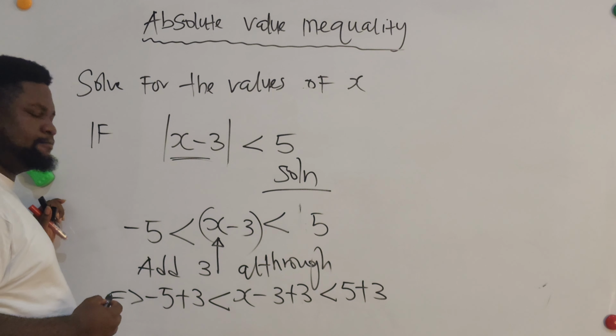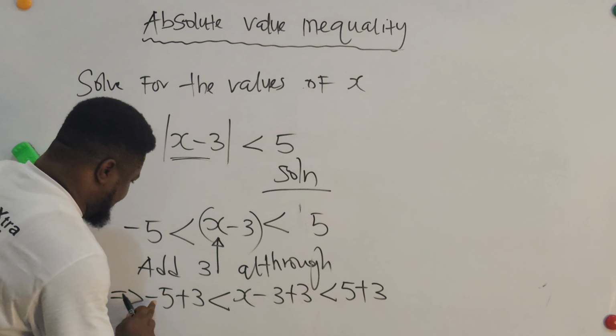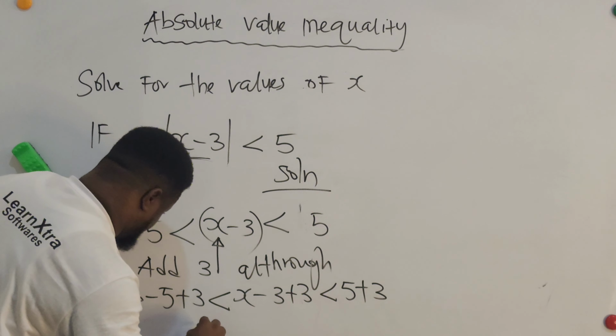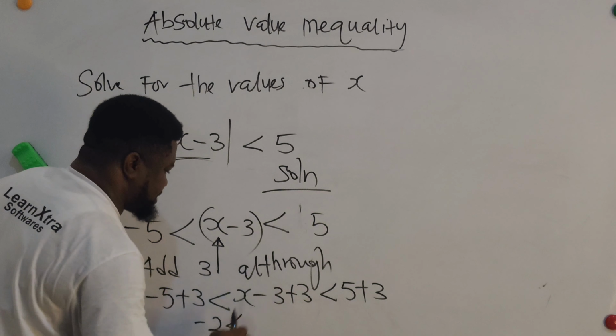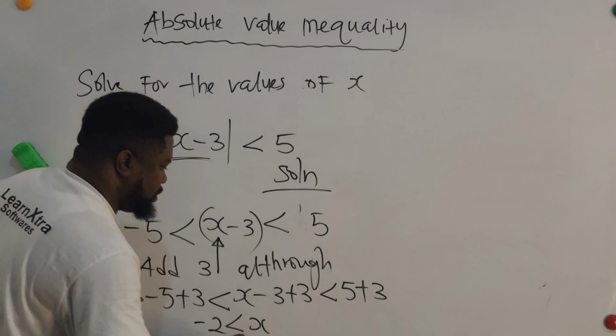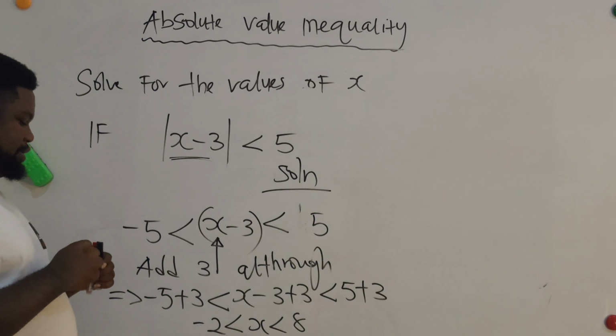So with this, I can say minus 5 plus 3 is minus 2. Minus 2 is less than x, this can go. That's it. Very simple.